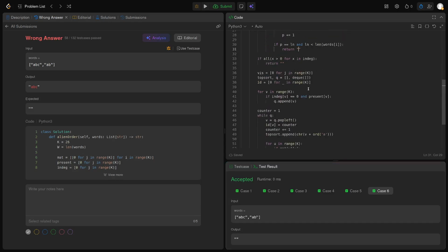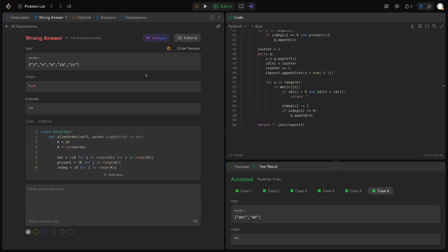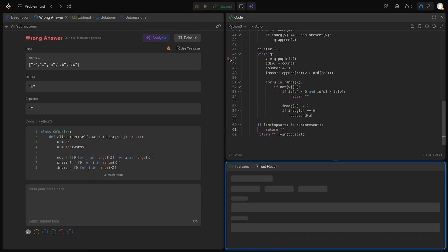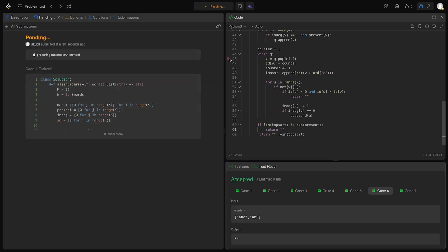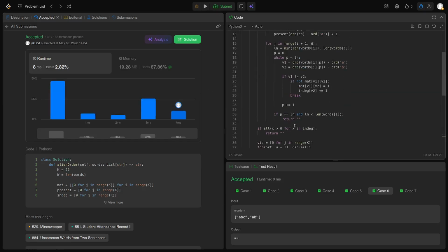Yep. Okay, let's submit again. If len tops or don't equal sum. Okay. Maybe my whatever is not the best, but who cares? No way, finally. It's the slowest, but who cares?